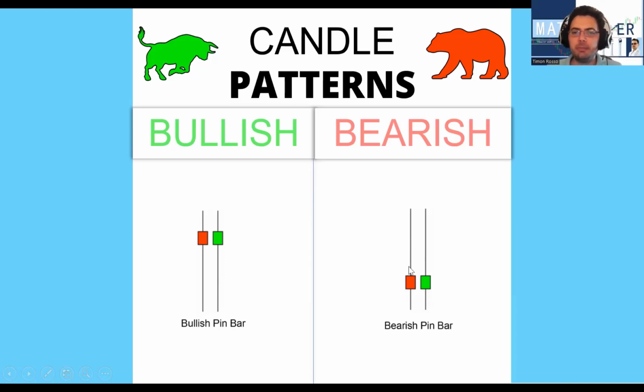Similar with the bearish pin bar, where it formed a bearish candle, the up candle went up, failed to confirm, went back down, and closed above the close. So once again, these are not confirmation candles. These are just names of the candles that you can use.